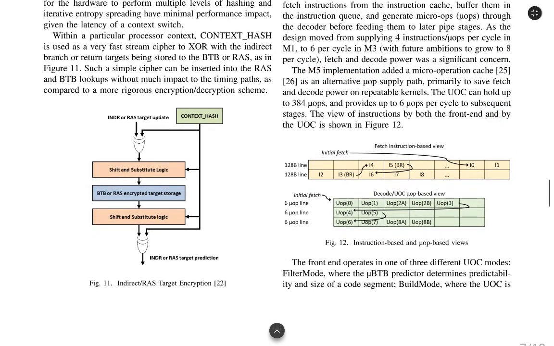The M5 implementation added a micro operation cache as an alternative micro operation supply path, primarily to save fetch and decode power on repeatable kernels. The UOC can hold up to 384 micro operations and provides up to 6 micro operations per cycle to subsequent stages. The view of the instructions by both the front end and by the UOC is shown in Figure 12.